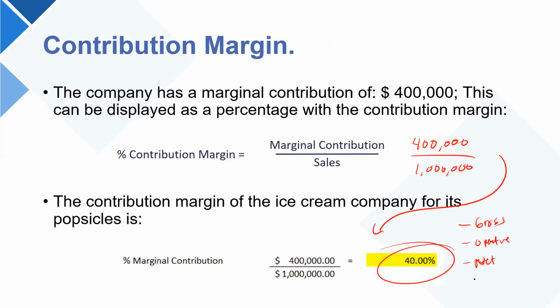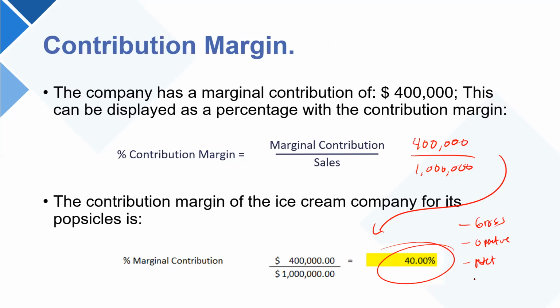This is contribución marginal in Spanish, contribution margin. That is only taking into account variable cost. Remember absorbing and variable cost analysis? We are using the variable cost to analyze, okay? Oh, okay, thank you. So it's only taking into account the variable cost.